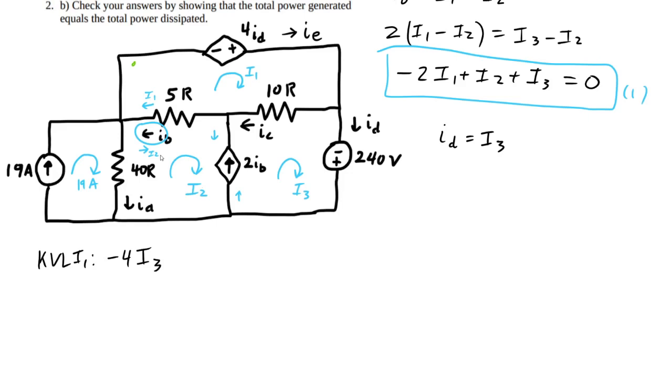And then we have I1 going this way, I2, I3 going that way.